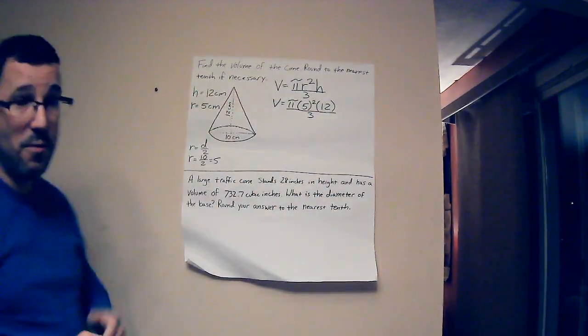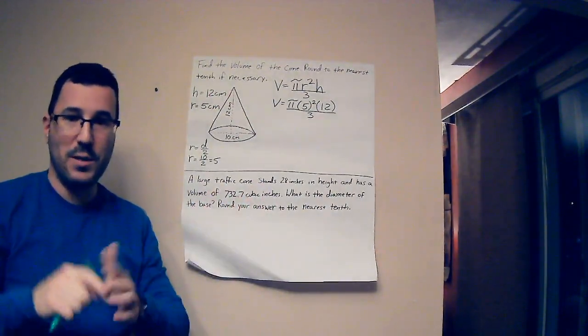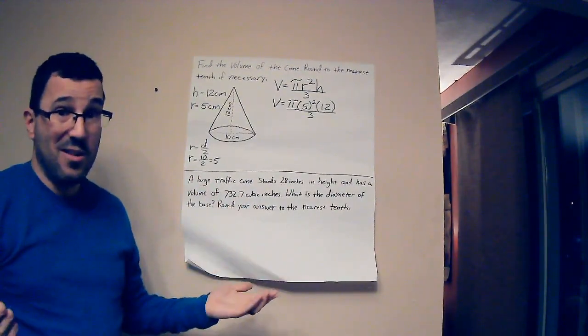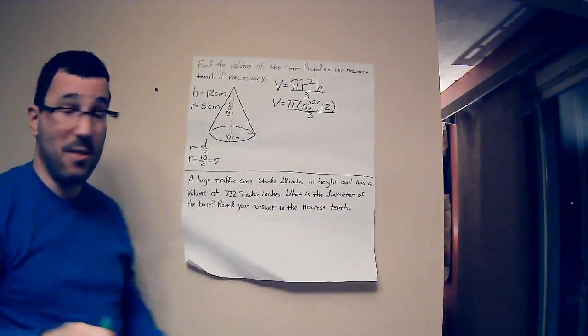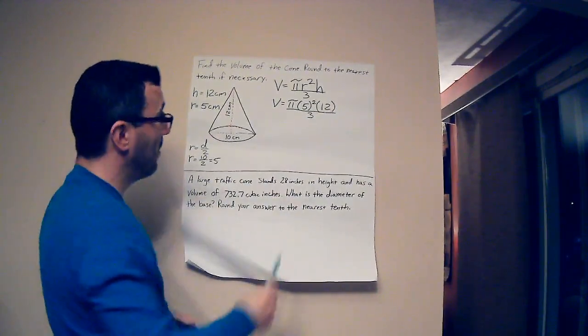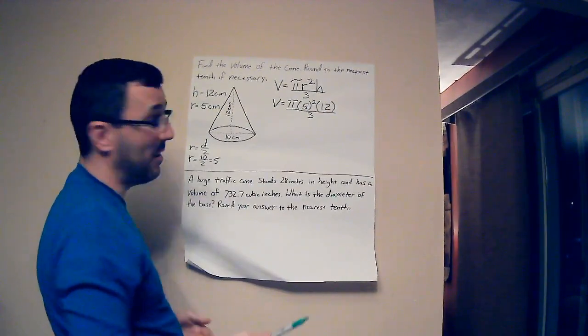So I'm going to do the 5 squared, but I'm going to kind of put two steps together. I'm going to say, is there anything on top that I can divide nicely by 3? Not pi. Pi's not nice to begin with. I have to square the 5 first, so I can't really do anything with that.